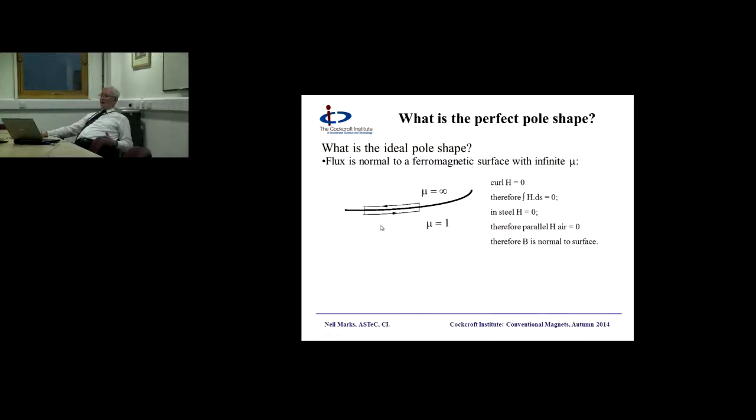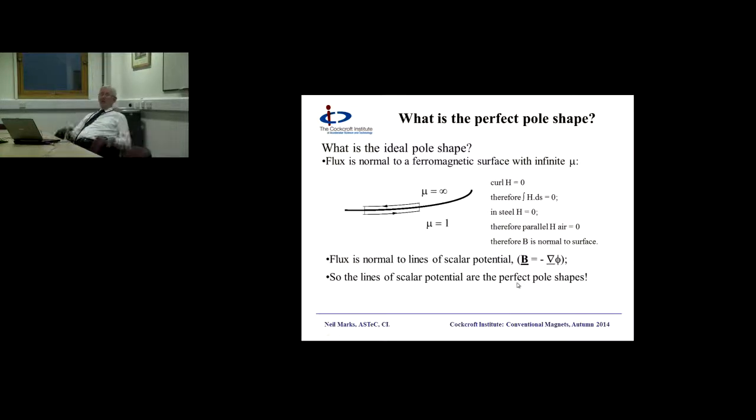So therefore, if there is no magnetic field H parallel to the surface, there can be no magnetic field B in that direction either. So flux is normal to the surface, and flux is normal to a line of scalar potential, because B equals minus grad phi. So the perfect pole shape is a line of scalar potential.